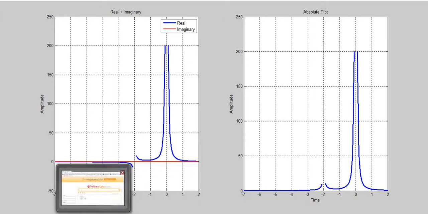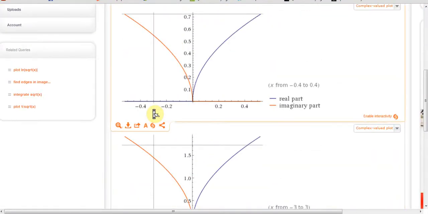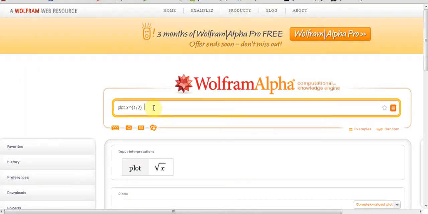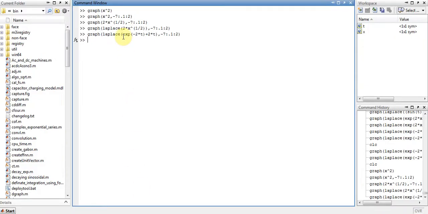The biggest inspiration for this was Wolfram Alpha, because if I ask it to plot the graph of this thing, as you can see, it shows me both real and imaginary plots. I will select the Laplace transform, and here is my function.